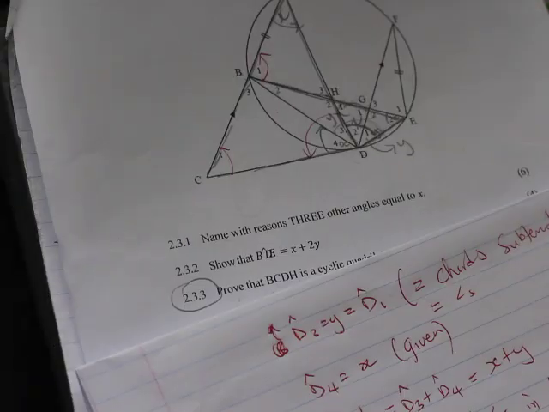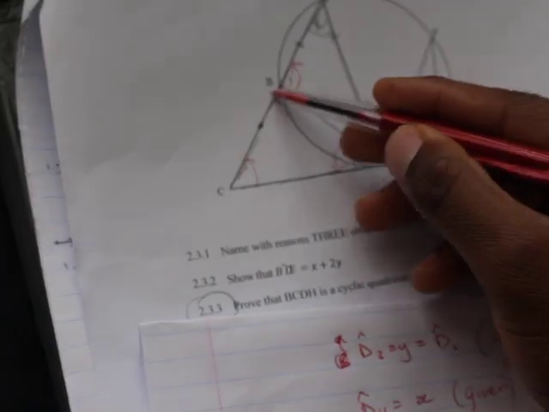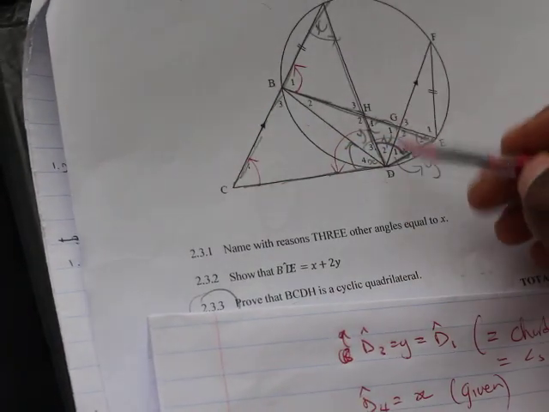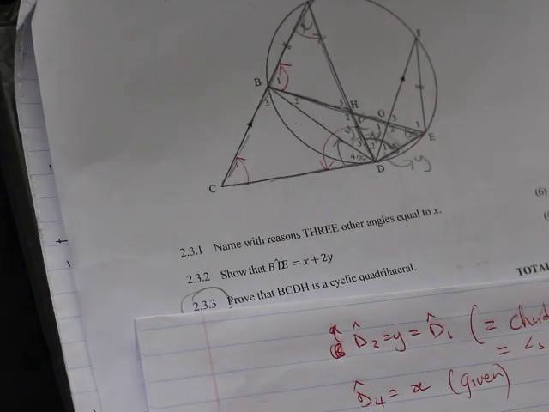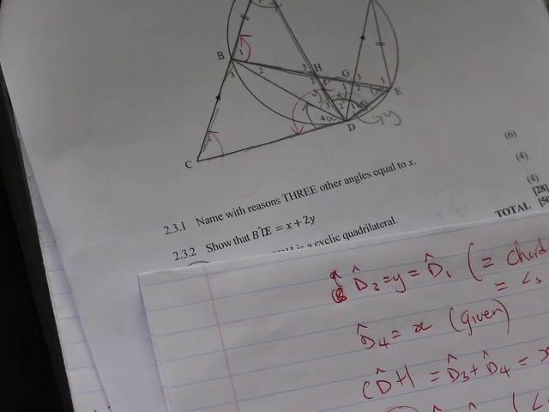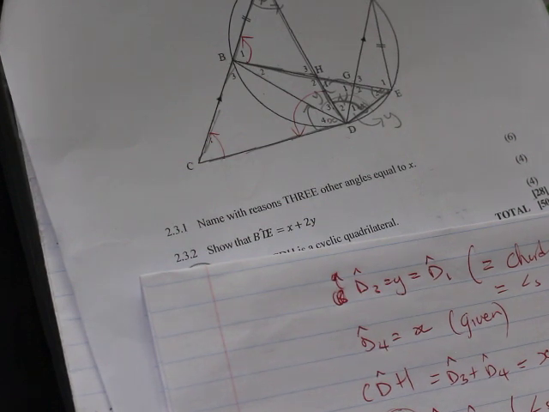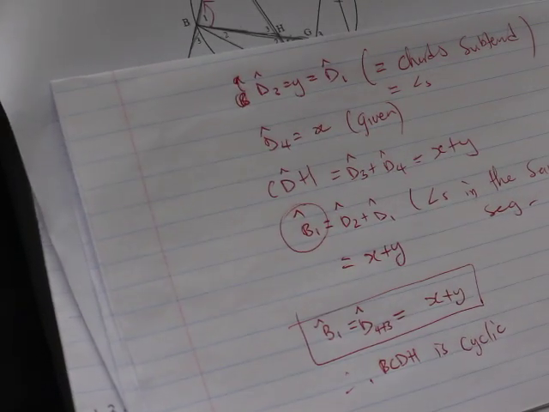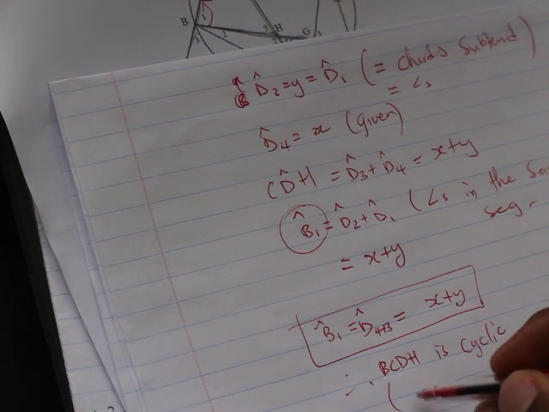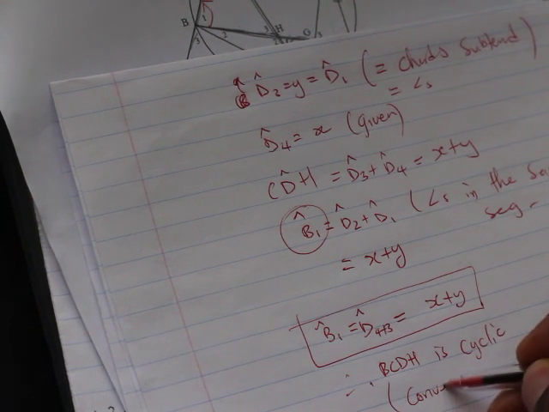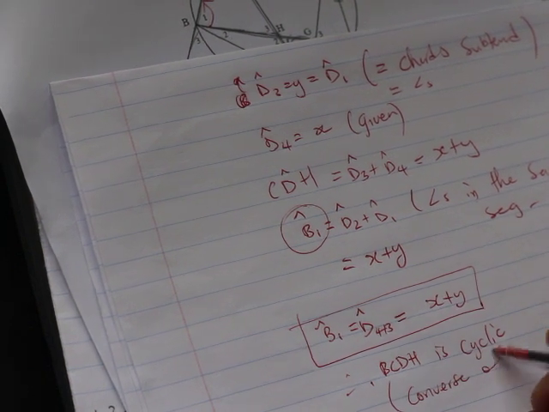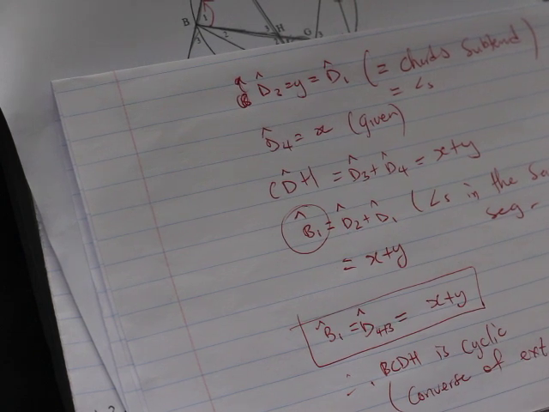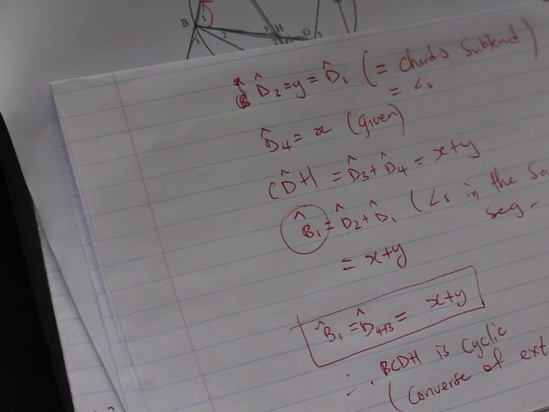Therefore, we can conclude that BCDH is a cyclic quad, because of the converse of the exterior angle of a cyclic quad.